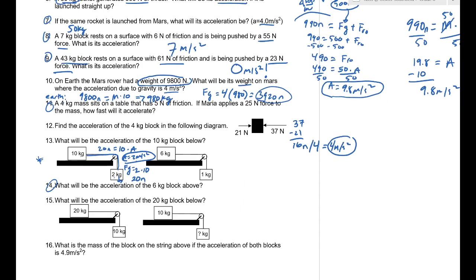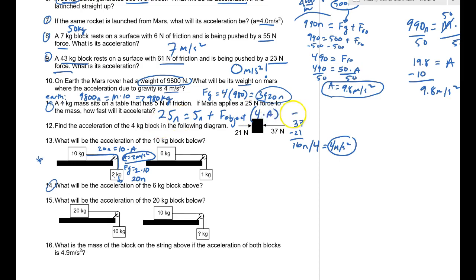A 4 kilogram mass sits on a table that has 5 newtons of friction. If Maria applies 25 newtons of force to the mass, how fast will it accelerate? Once again, our total force is equal to the force of friction plus the force of the object, meaning the force actually accelerating the object, which will be the 4 kilograms times whatever the acceleration is.